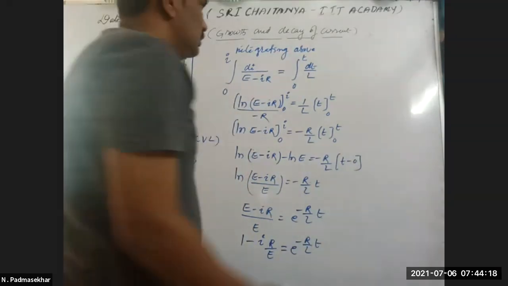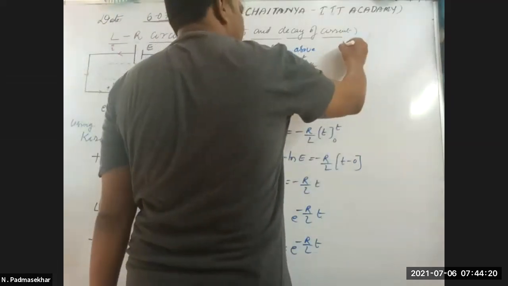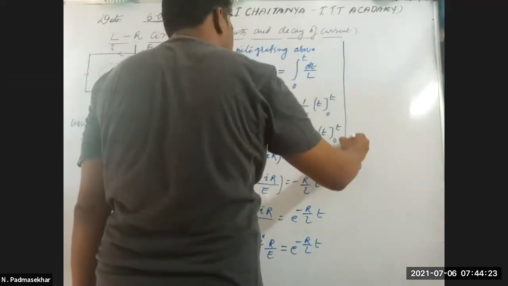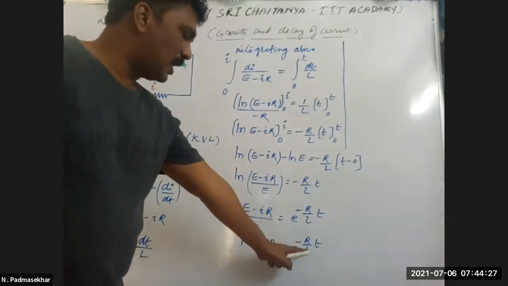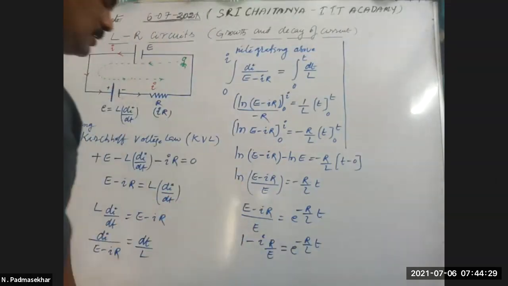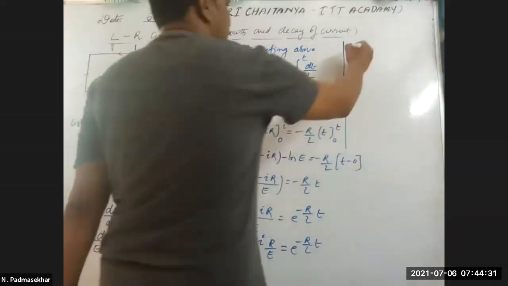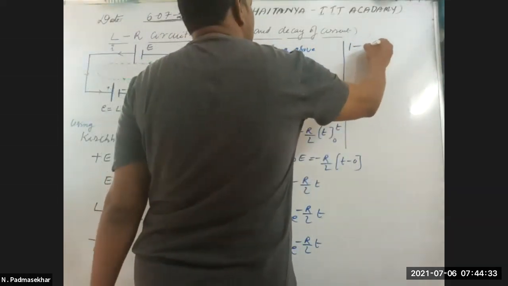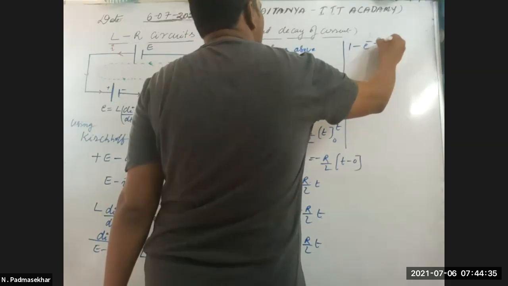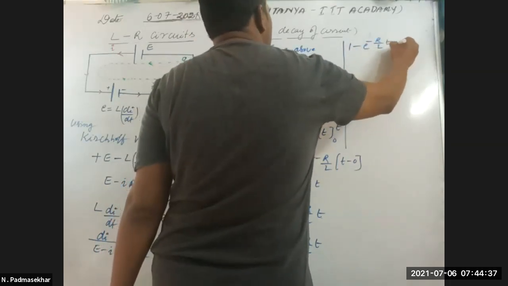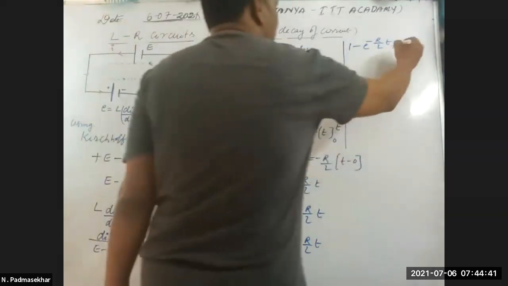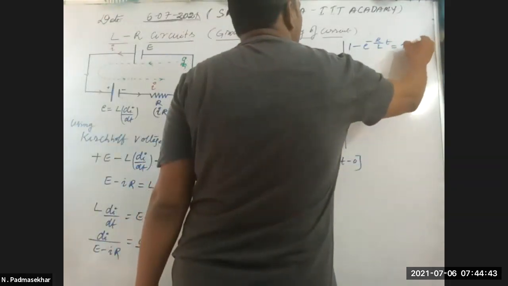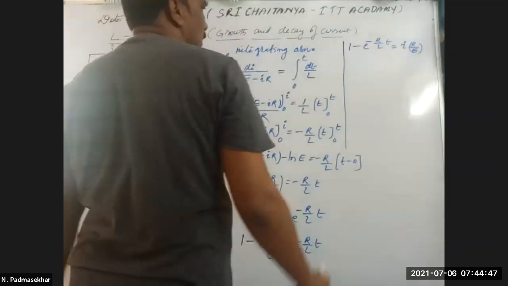Now listen, e to the power of −R/L into t is taken this side, and that is taken that side. So 1 minus e to the power of −R/L into t is equal to I into R by E.